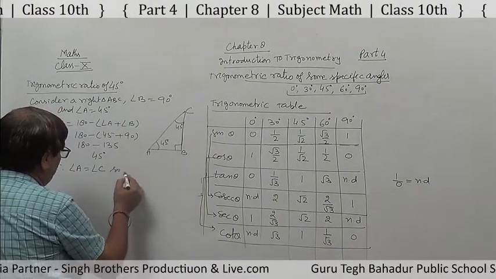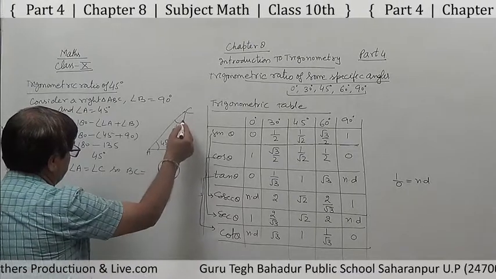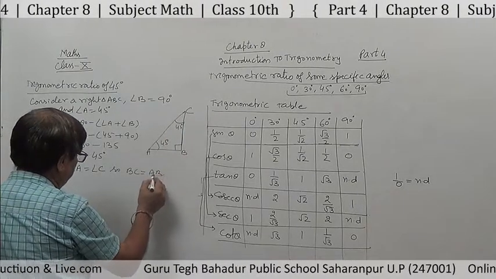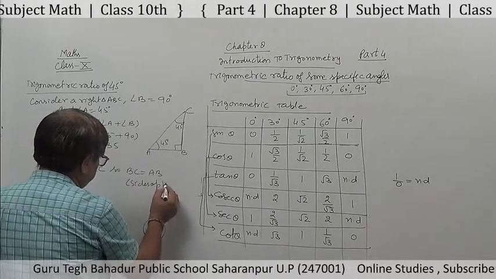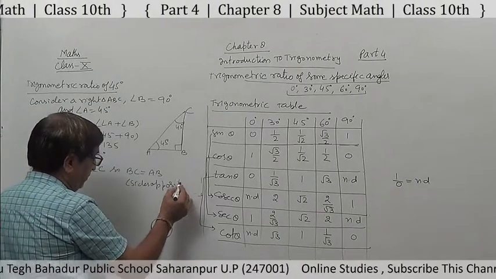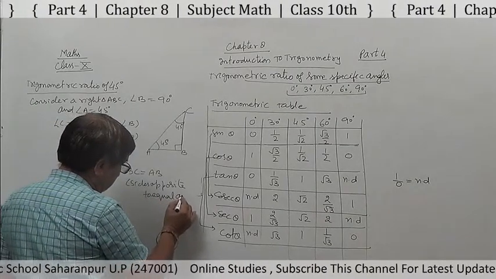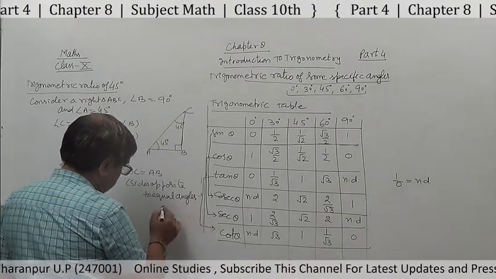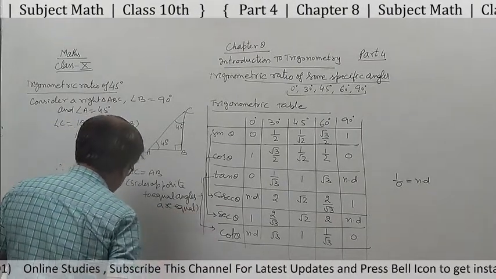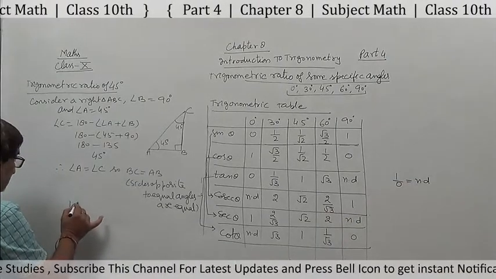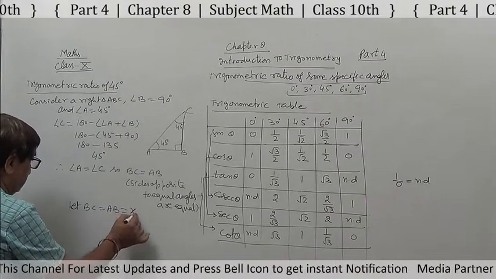So, opposite of angle A is BC, opposite of angle C is AB. Sides opposite to equal angles are equal. Let BC is equal to AB is equal to x.